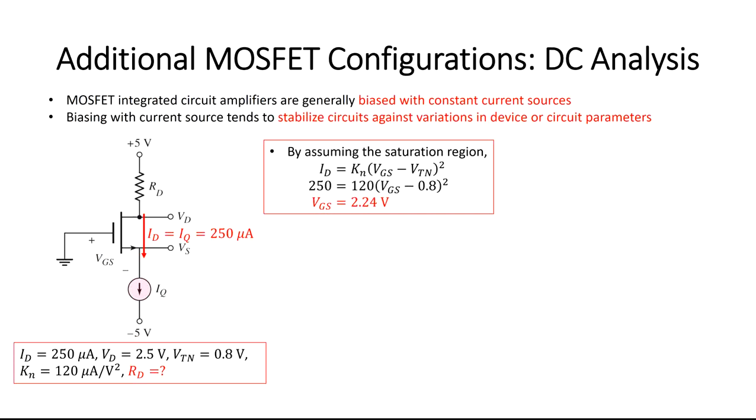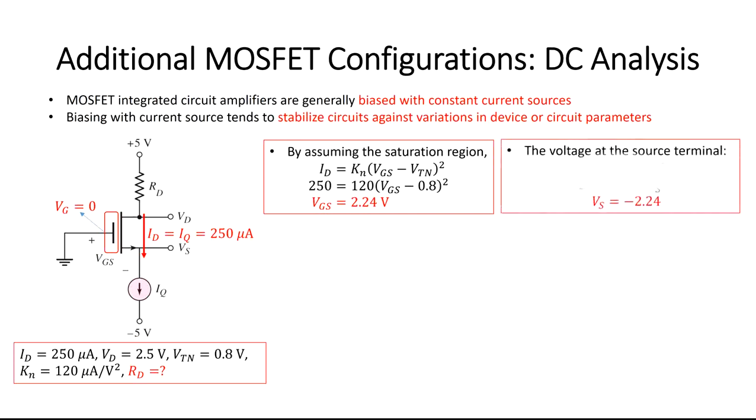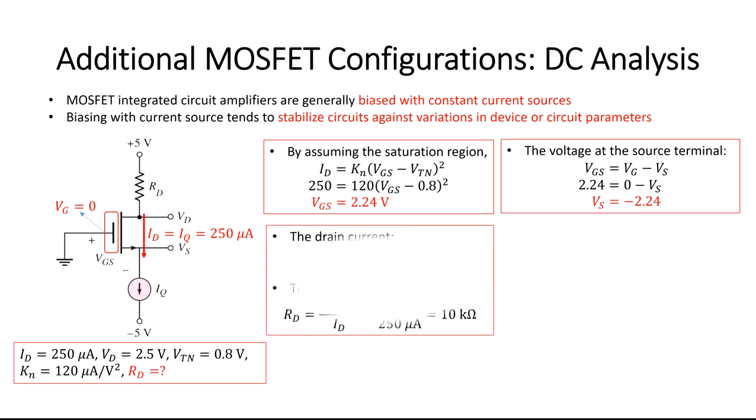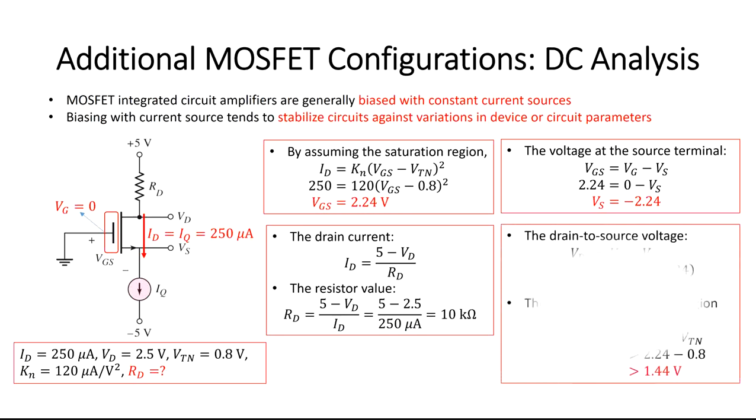Since the gate voltage is zero, the source voltage is found easily. Then, based on the given values of the drain voltage and the current, the unknown resistor value is presented. Furthermore, the drain-to-source voltage is introduced and the saturation region is verified.